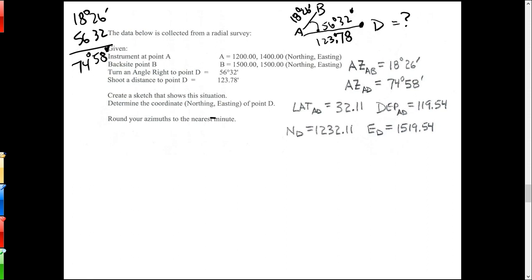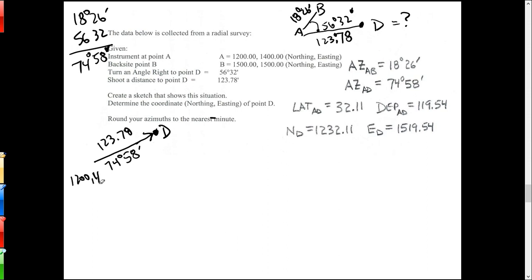That's your azimuth looking ahead. So what you've got then is a line with an azimuth of 74 degrees, 58 minutes. And you're going to shoot 123.78. And you want to figure out where D is. And you're starting at A, that's 1200, 1400.